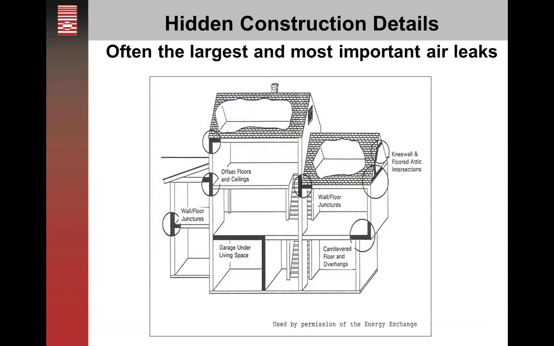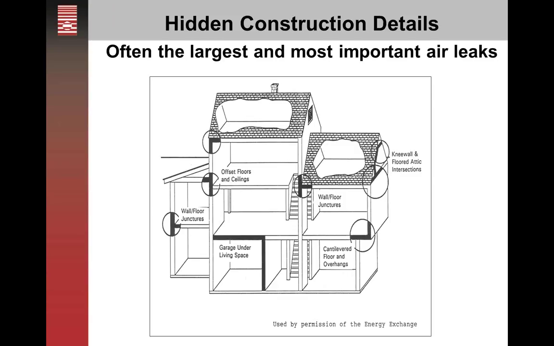Some hidden details that are also useful to think about: anytime that you see a structure, a house, a big building, or anything like that, anytime that a pure rectangle or square is interrupted by something else, those are locations to see where there would be a leak.